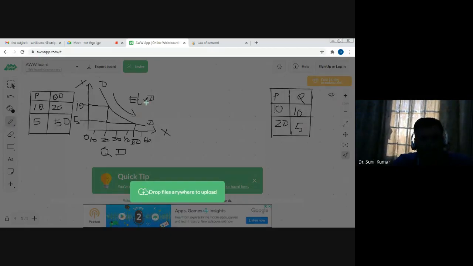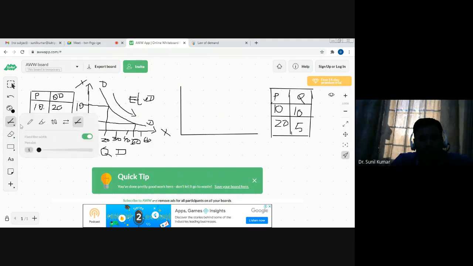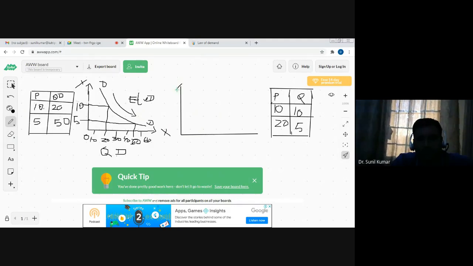So what happened? Just see, if you make it this way, then what do we find? Here is 0, here is X, here is Y. Here we take price. We are taking price, and there are only two prices, 10 and 20.